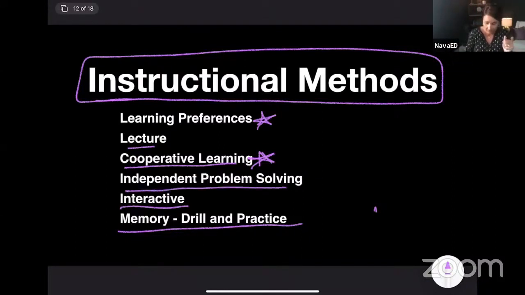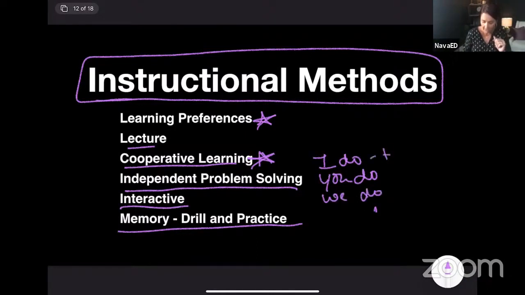Independent problem solving. It's not necessarily independent reading, right? And I believe in independent reading. I use it a lot. But when we're talking about struggling learners, we don't want to use it. But independent problem solving has to do with the I do, we do, you do method, right?